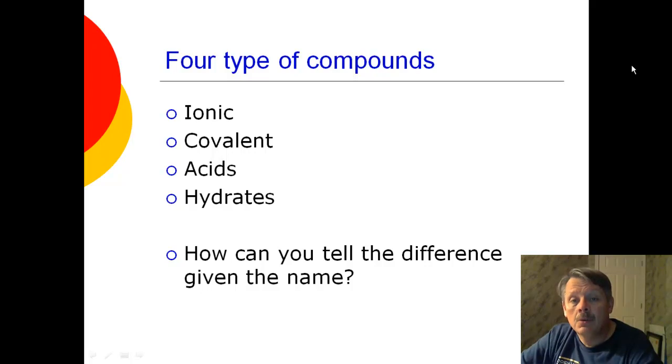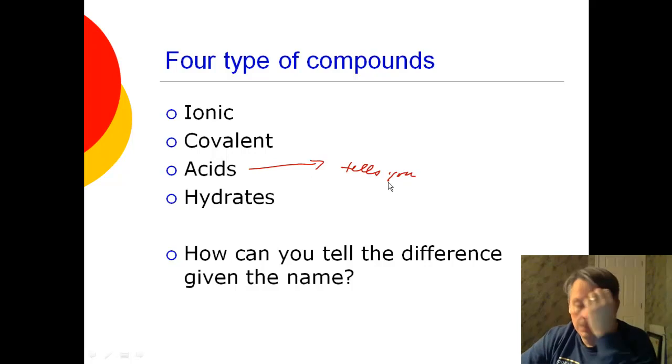Okay. Well, if you thought about it for a minute, it's pretty easy to do. So, how can you tell the difference from just the name? Well, if it's an acid, it tells you. It's going to be something like hydrochloric acid. If you have hydrates, how can you tell? It tells you, because you've got the word hydrate in it.